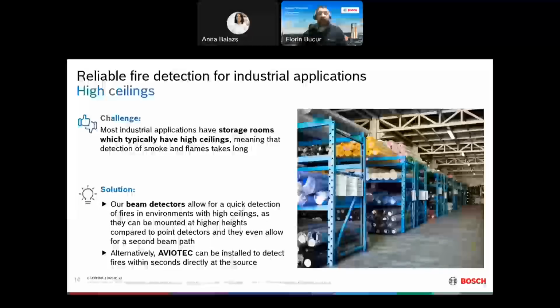Not only that, but besides these traditional methods, we can also offer Aviotech, which is our video-based fire detection camera that can detect smoke and flame. So not only smoke like the beam detectors, but also flame. And the very interesting point here is that detection would be at the source, so we don't need to wait for the smoke to reach the ceiling, which makes it a really fast detection method in this type of application.